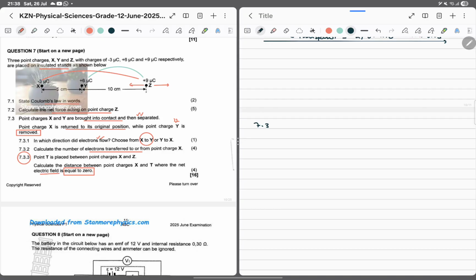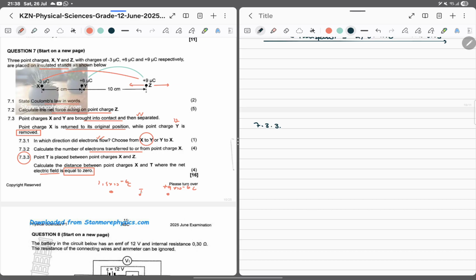So, 7.3.3. Now, we want this electric field to be 0. So we know and understand that in any case, these charges will repel, because there's going to be 1,5 times 10 to the 6, and then plus 9 times 10 to the minus 6 coulombs.